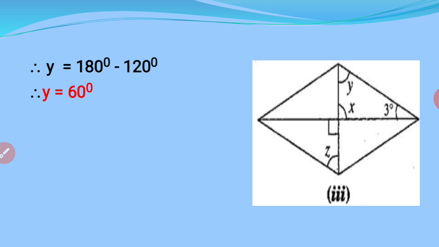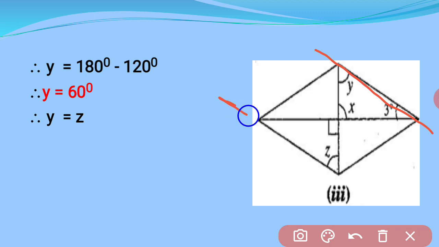Now, we are supposed to find out z. Now, we can say that y is equal to z. The reason is this line and this line are the parallels, and this can be considered as one transversal.